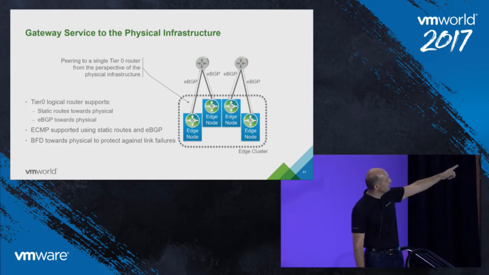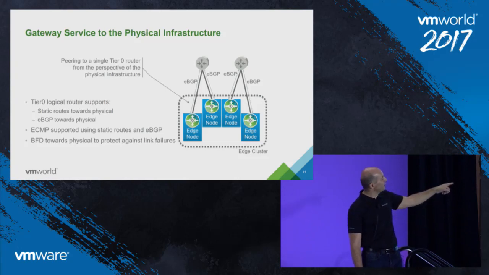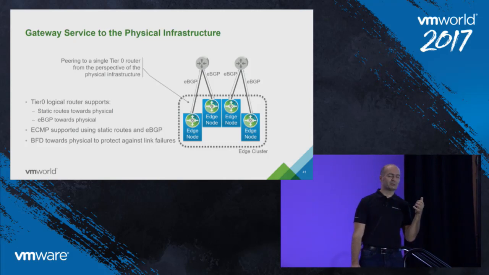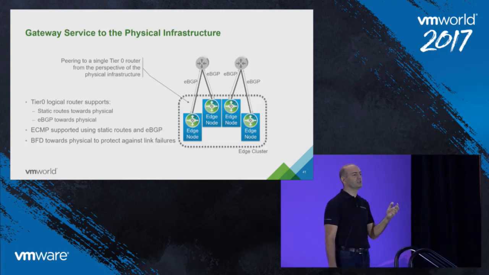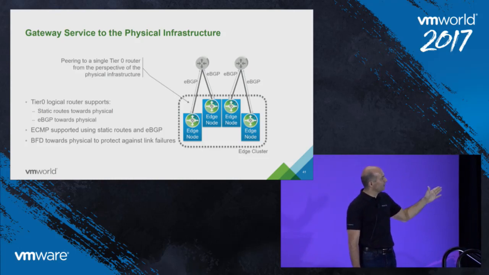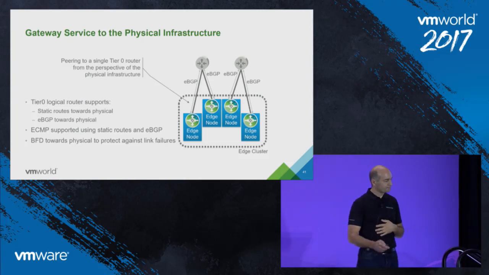Should a link fail between physical and logical, we can detect the failure quickly thanks to BFD and fail over quickly. We can also do ECMP, meaning that we can load balance our routed traffic in both directions here. We can also use, I forgot to mention, static routes if you wanted to.